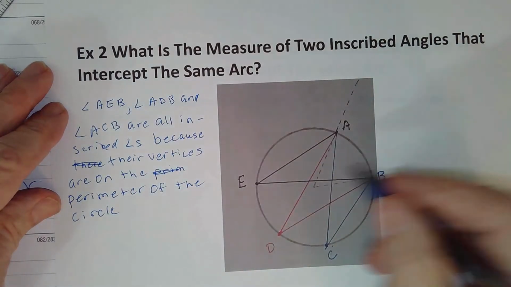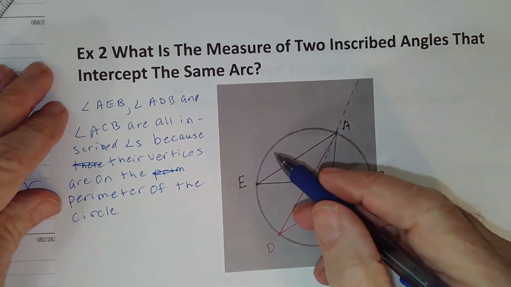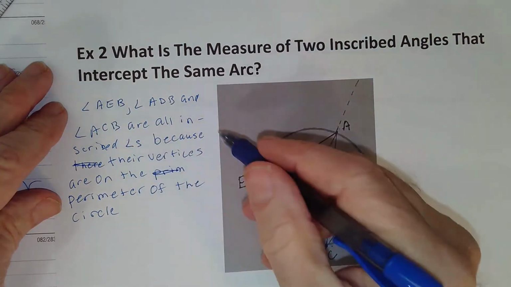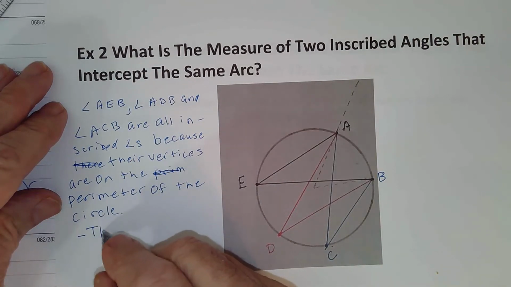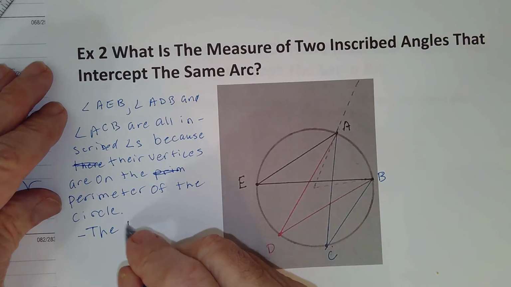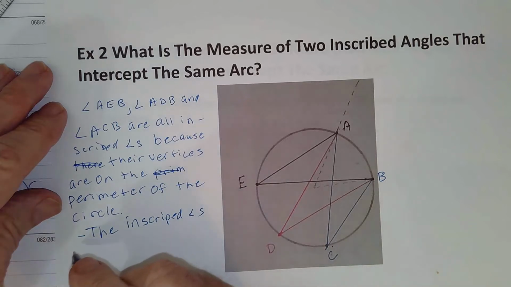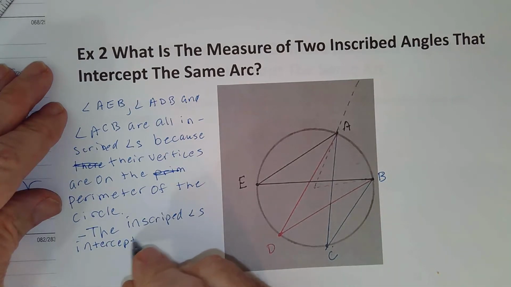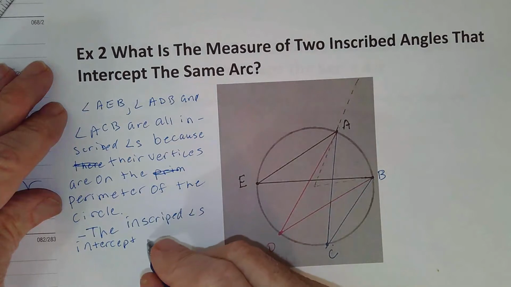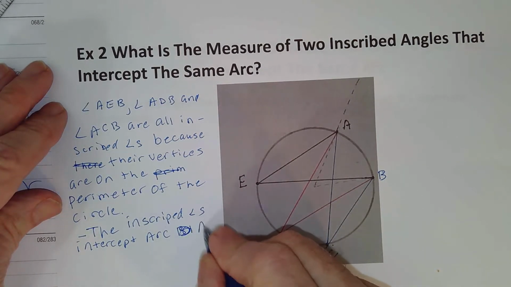Okay? So we know then that those are inscribed angles. Also, the inscribed angles intercept arc AB.